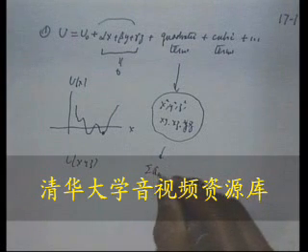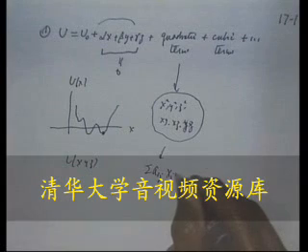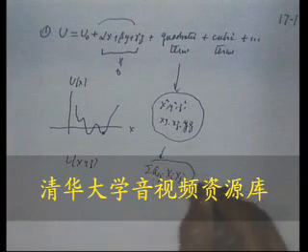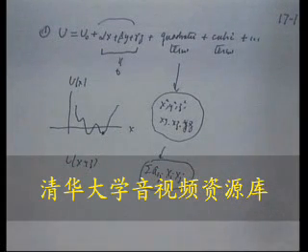summation aij xi xj. So what's the conclusion? The conclusion is that near an equilibrium point, for small vibrations, you can neglect high order terms and only include the quadratic terms.